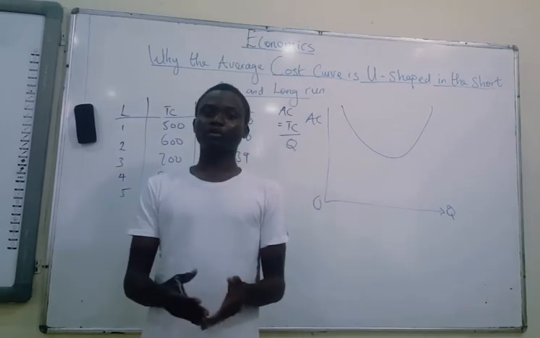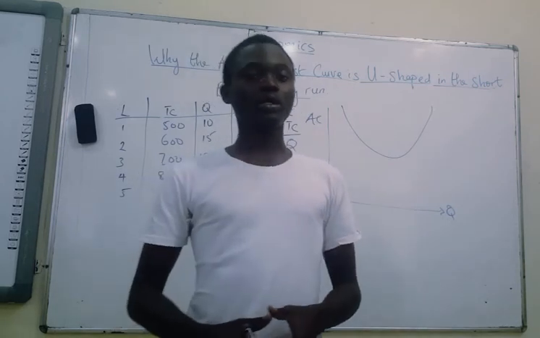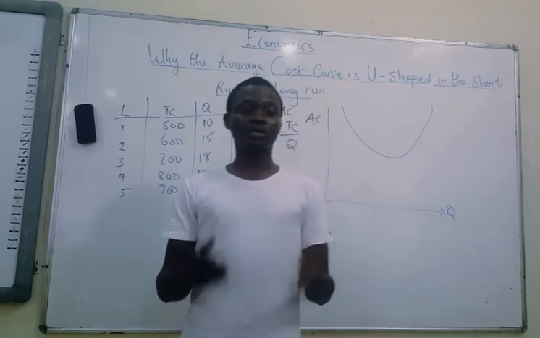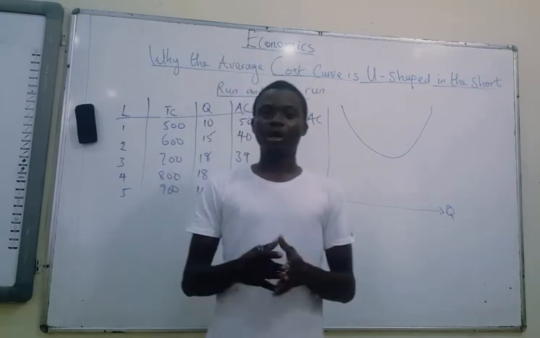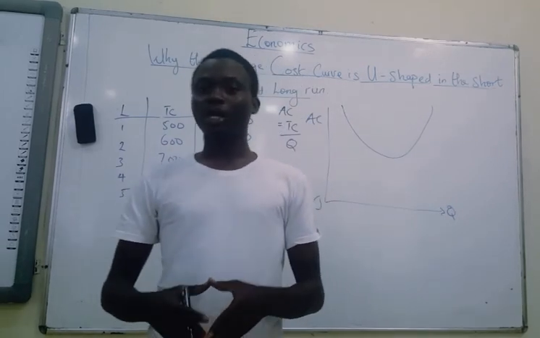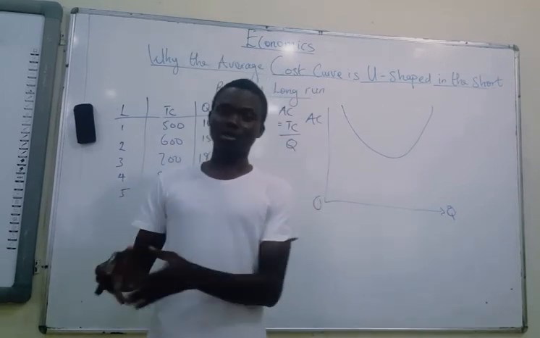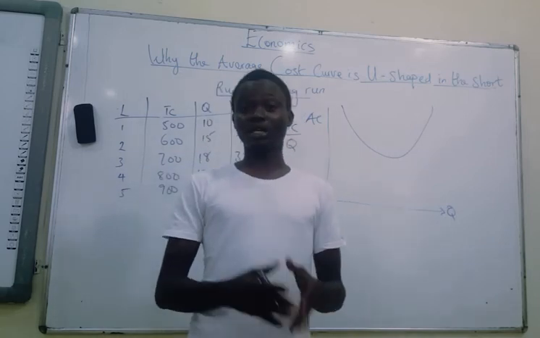The first one is increasing returns to scale, the other one is constant returns to scale, and the third one is diminishing returns to scale. When we are talking about increasing returns to scale, we are saying that when the producer changes his inputs in the same proportion, the output changes in a greater proportion.